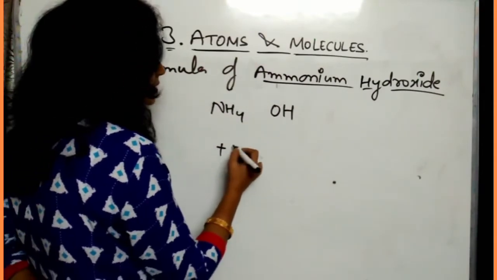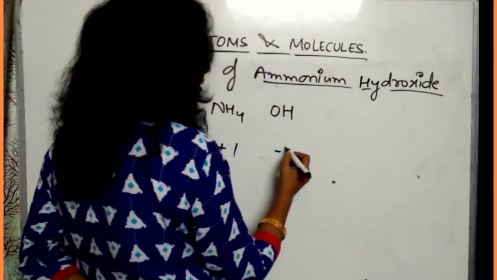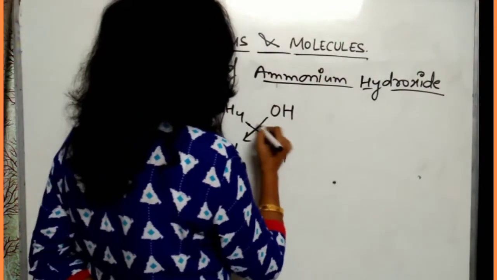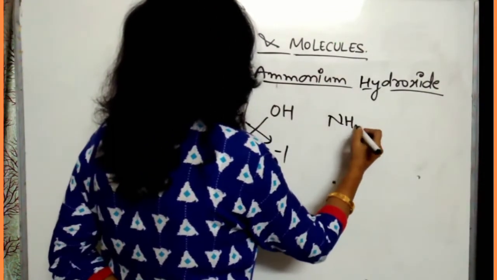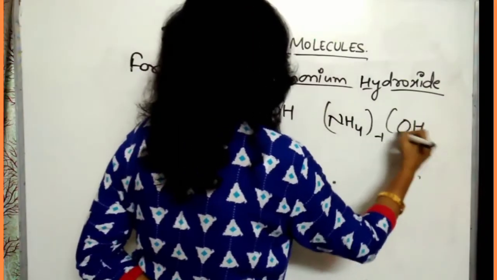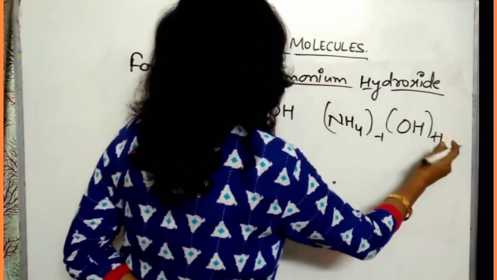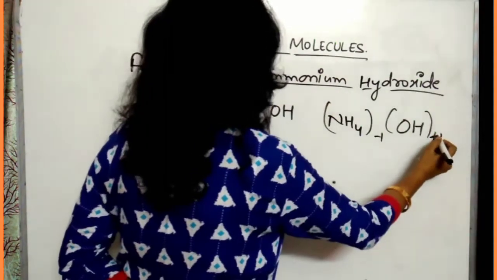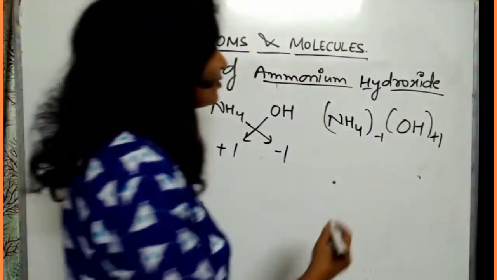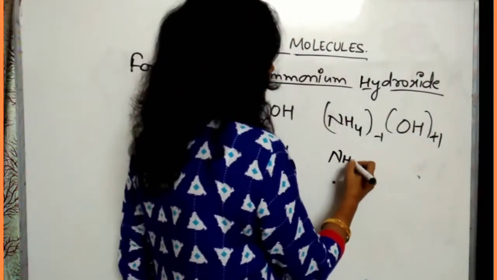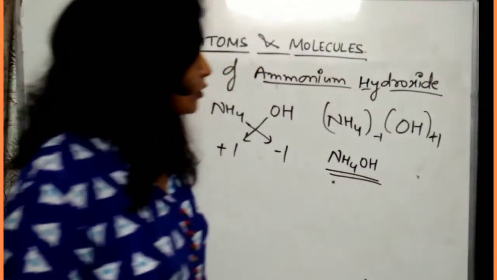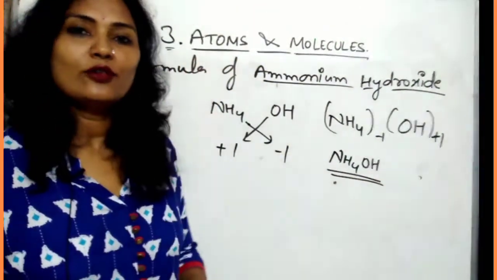Its valency is +1 and its valency is -1. What we will do? Cross over the valencies. Okay, we'll write NH4 -1 and OH +1. Now ignore the plus and minus and ignore that 1 also and write the formula NH4OH. So this is the formula of ammonium hydroxide.